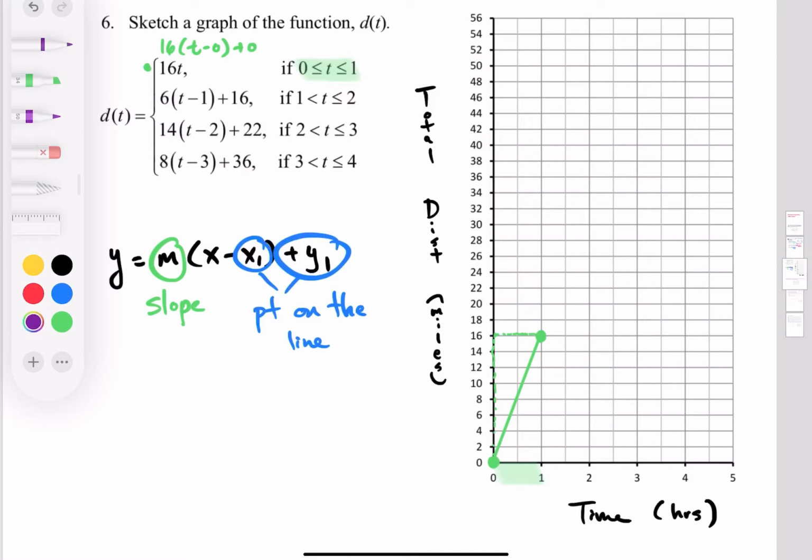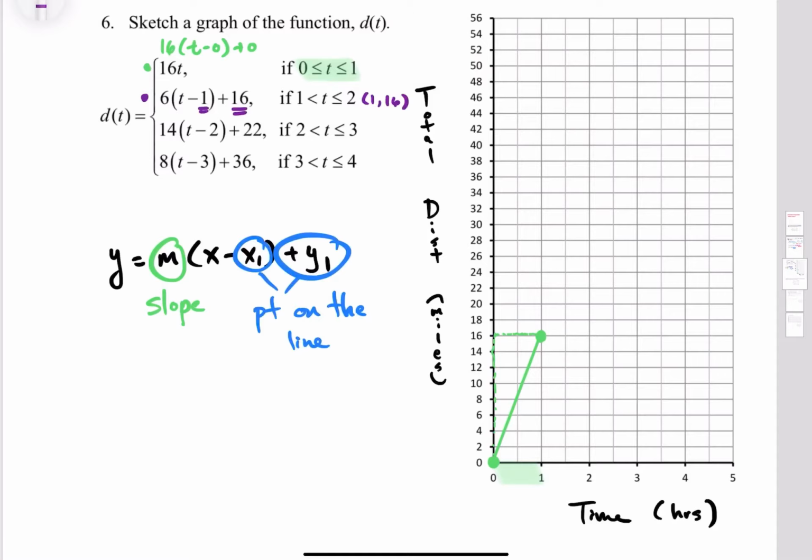Okay, so now I'm going to take a look at the second part of our graph. The second part I'm going to do in purple. Notice that it starts at this point. The point is our x1 and our y1, and that's going to be our starting point, which is at 1, 16. Now, why is it a positive 1 and not a negative 1?